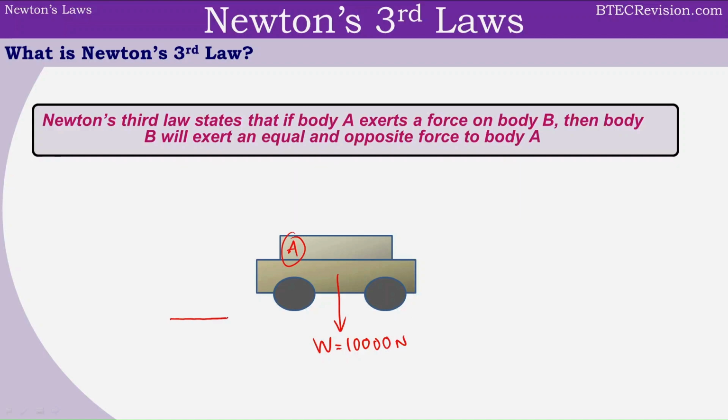And we have the road, and we'll say that is body B. Body B will be exerting an equal and opposite force to the car. And that would therefore be overall also 10,000. So the normal force is 10,000.